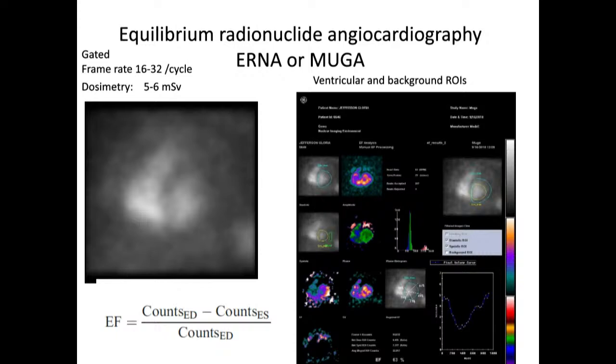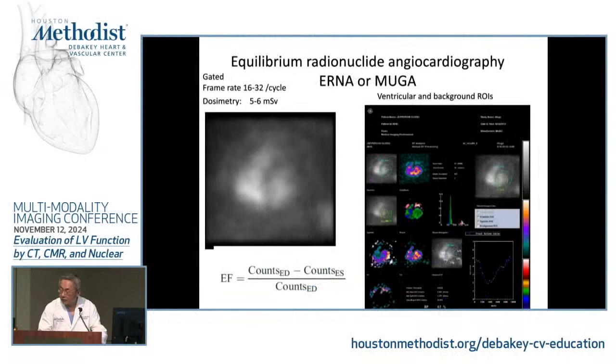If it's done well with good technique, this is one of the most reproducible EF assessments. There's essentially no contraindication. You could have renal insufficiency, you could have liver failure, whatever. This could be done. So this could be useful in some LVAD patients where you want to measure the LVEF, for instance.